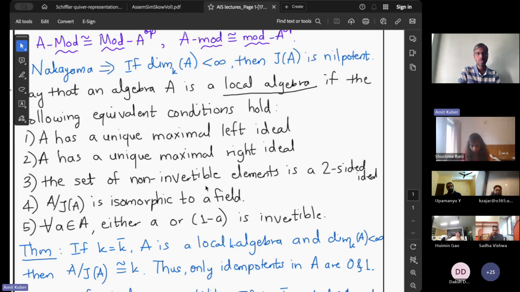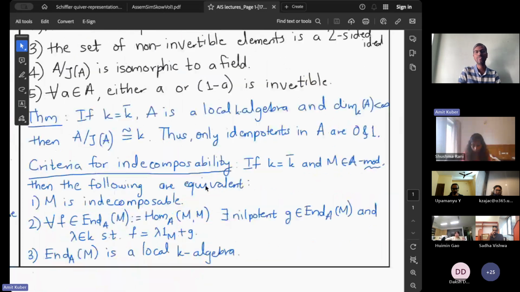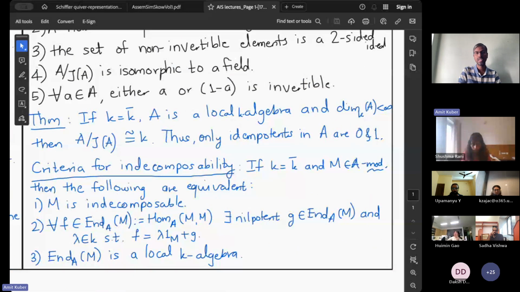Well, okay, so we'll end this discussion with a simple criterion for indecomposability. If I'm given a module over an algebra over an algebraically closed field, that's our base assumption, then a module is indecomposable.